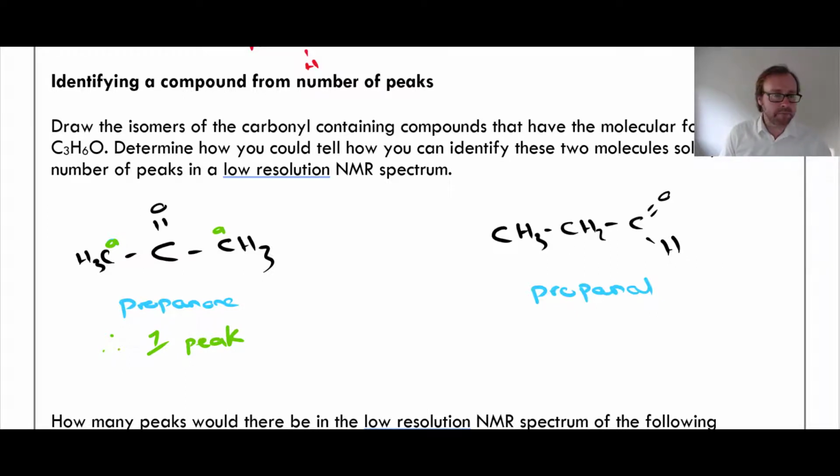For my propanal, all of my hydrogen environments are different, so A, B and C, therefore 3 peaks. So just from looking at my peak numbers, I will be able to tell which the spectrum is, whether it's 1 peak, which will be propanone. If it has 3 peaks, it would be propanal.